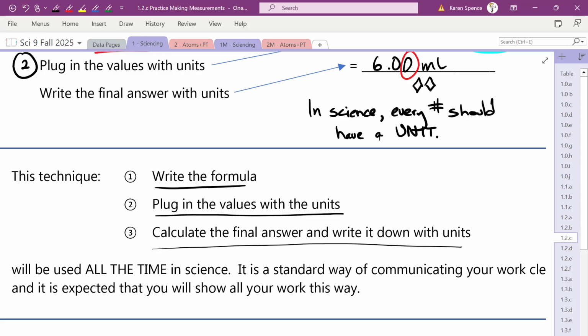Okay, I want you to think of how we did, right? Logic.